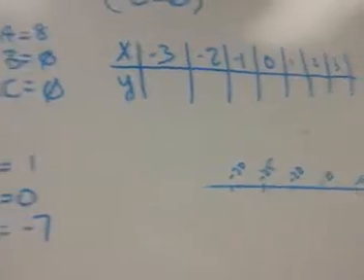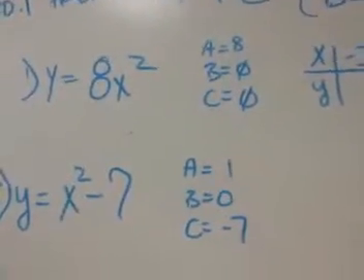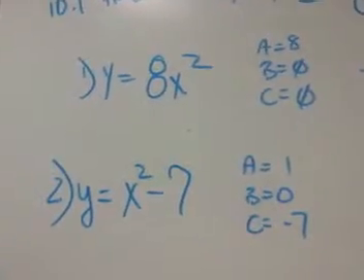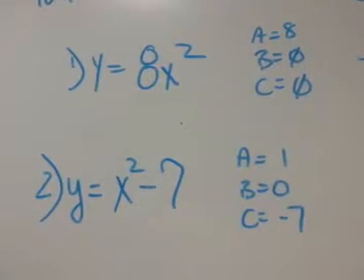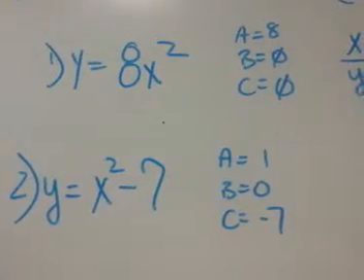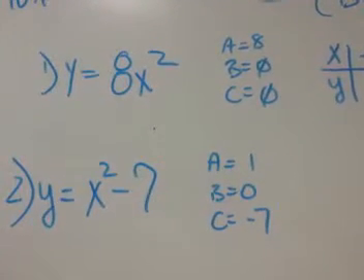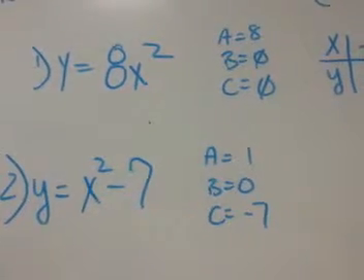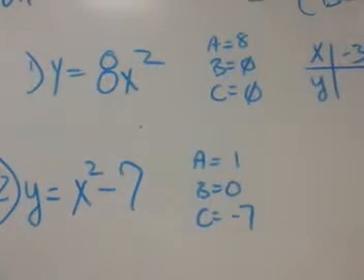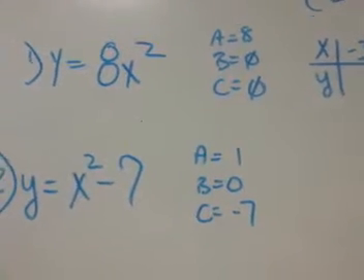So those are going to be my x values. What would my y values be? Well, if x is -3 and this is our equation, well, you can do this on your own. In fact, you should maybe pause this and do this on your own, and you should come up with the same answer.